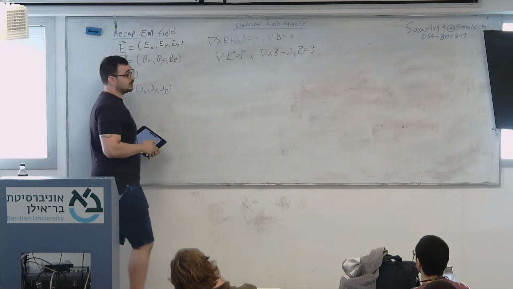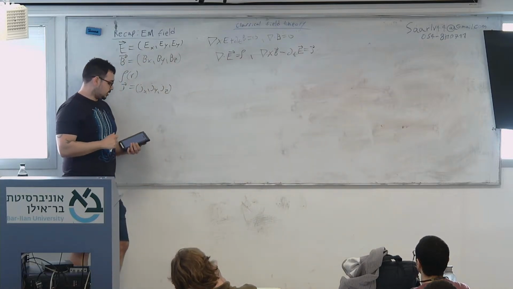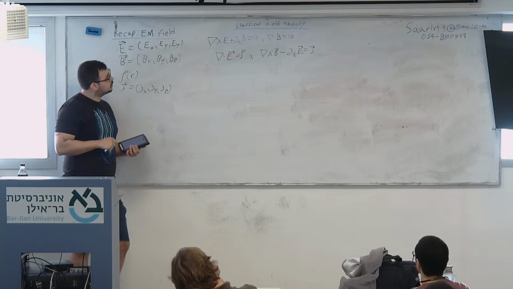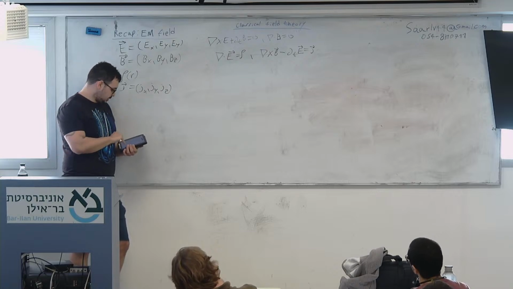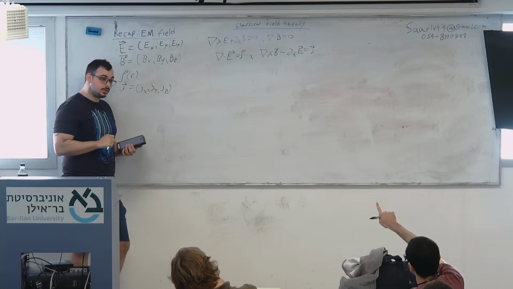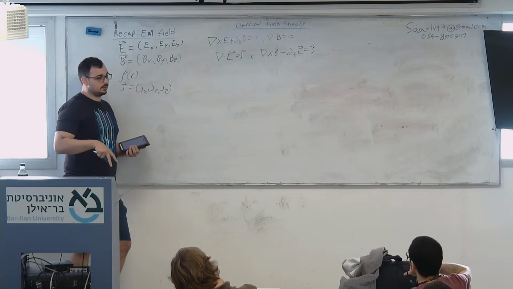Right. These are the Maxwell equations, where the first two are the homogeneous ones, and the second two are called the inhomogeneous ones. Classical field theory is the title of everything. It's the everything.